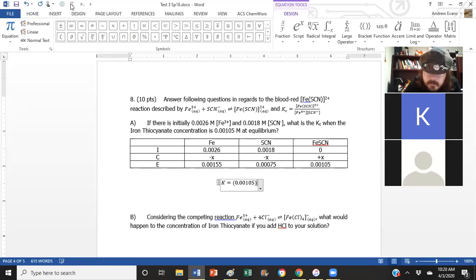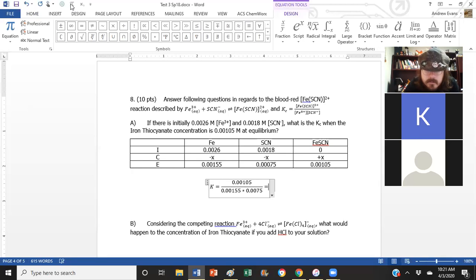And they're not raised to anything because they have no coefficients. Yes, because they're raised to the power of 1, because their coefficient is 1. And so I got 903.